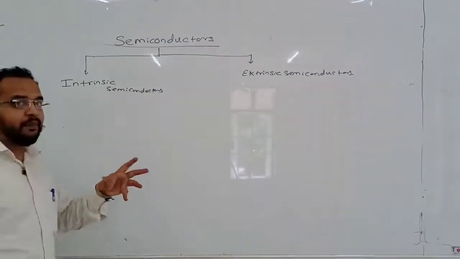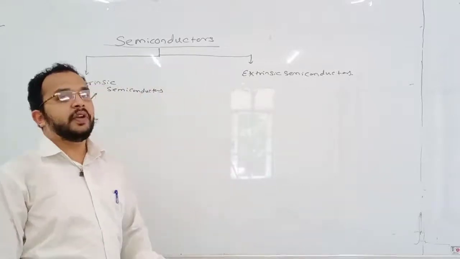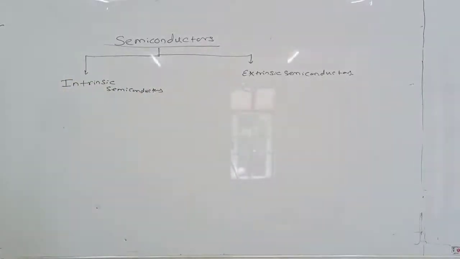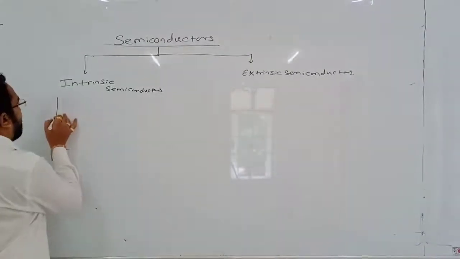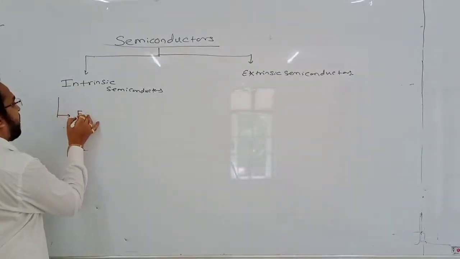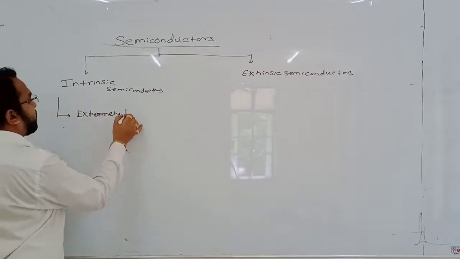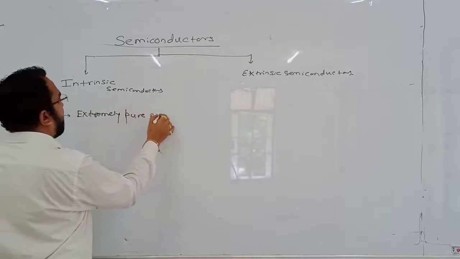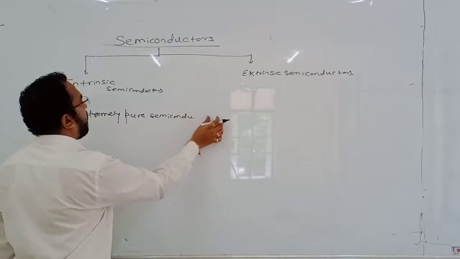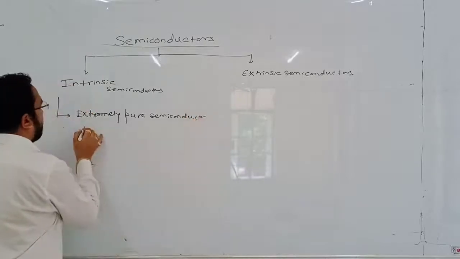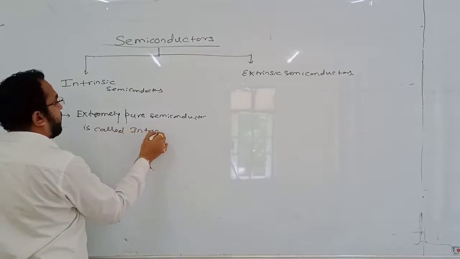Now, an extremely pure semiconductor is called an intrinsic semiconductor. Extremely pure means valency 4. So write down here: extremely pure semiconductor is called intrinsic.